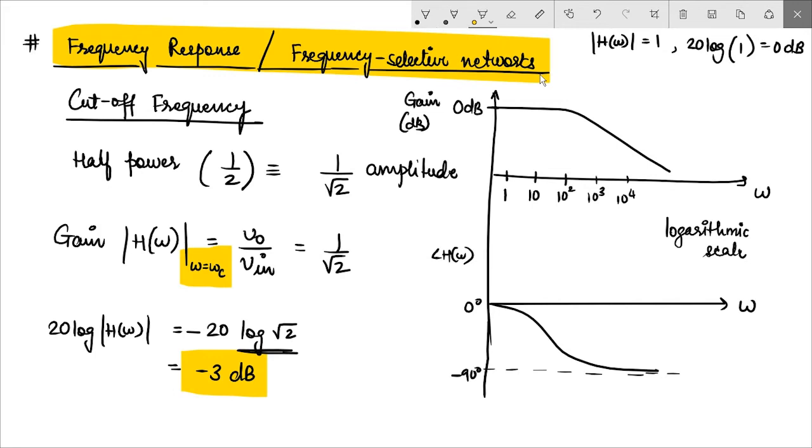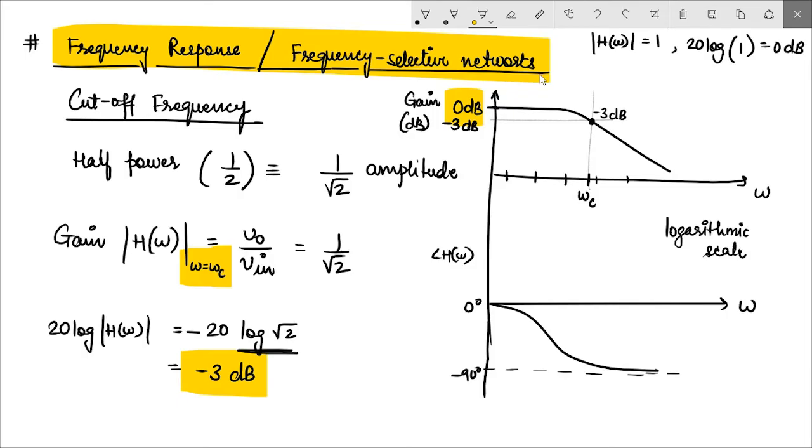If we assume that the maximum gain is 0 dB, the point where this falls by an amount of 3 dB, so it falls to minus 3 dB, the frequency where this happens is called the 3 dB point or minus 3 dB point. This value of frequency is called the cutoff frequency in radians per second. So there are three ways of explaining what is cutoff frequency.